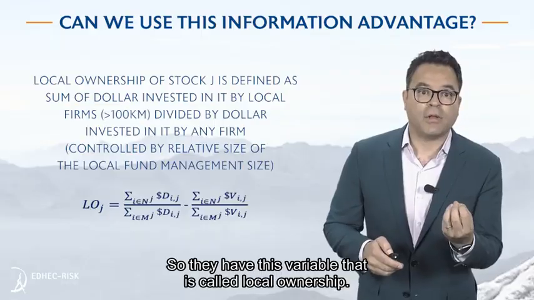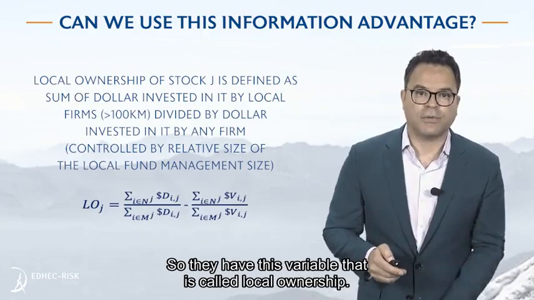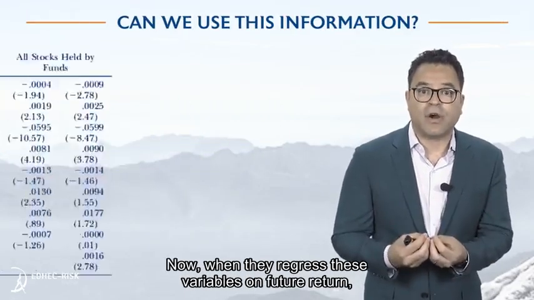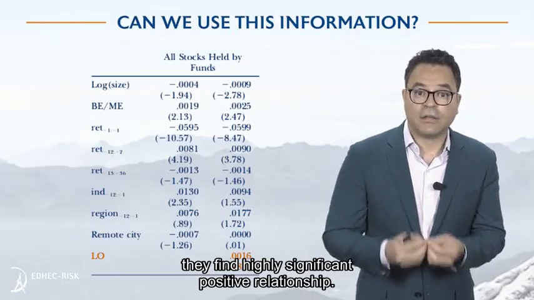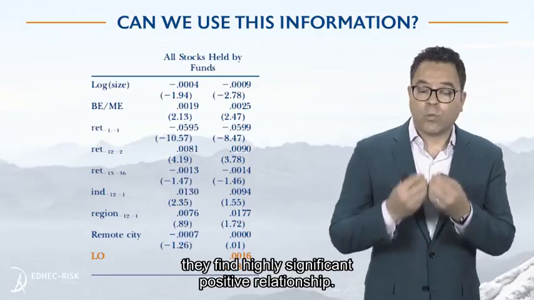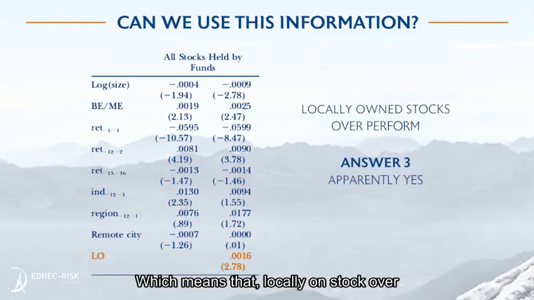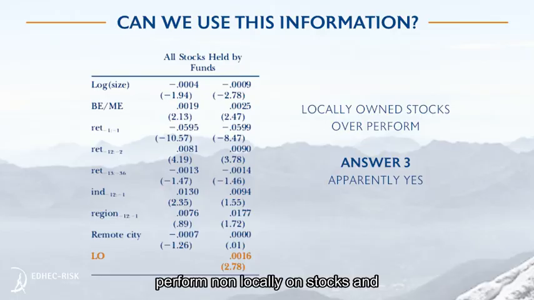So they have this variable that they call local ownership. Now, when they regress this variable on future return, they find a highly significant positive relationship, which means that locally owned stocks overperform non-locally owned stocks. And we can use this information in our prediction exercises.